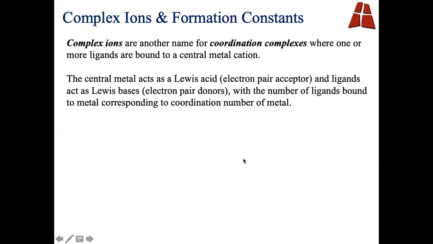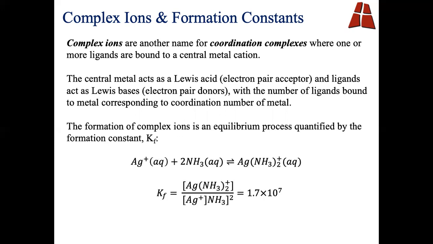They generally consist of a metal at the center and one or more ligands bound to that central metal. The metal acts as a Lewis acid, which accepts the electron pair, and the ligands are our Lewis bases that donate it. The number of ligands bound to the metal is the coordination number of the metal.